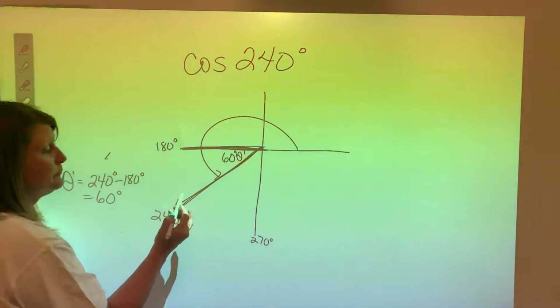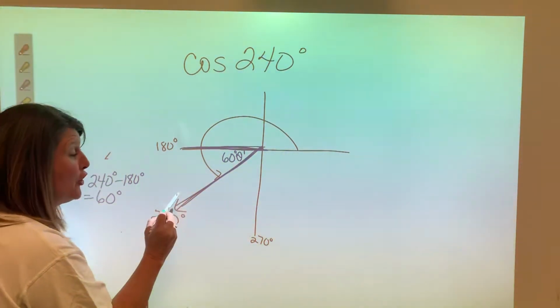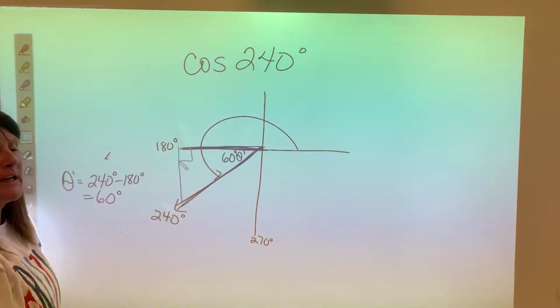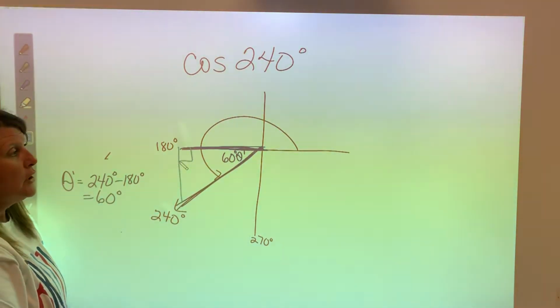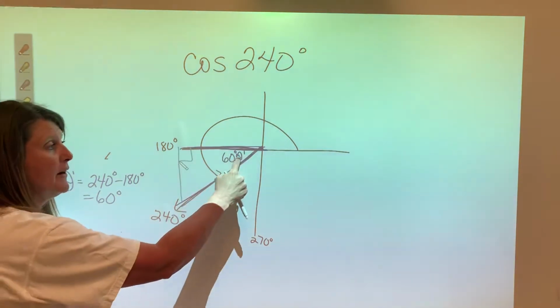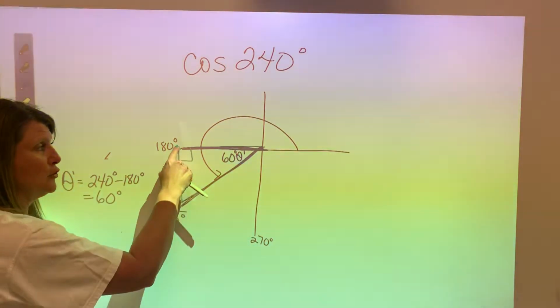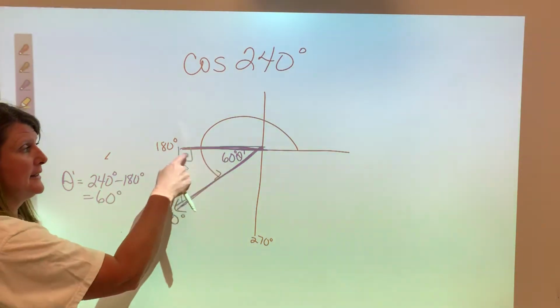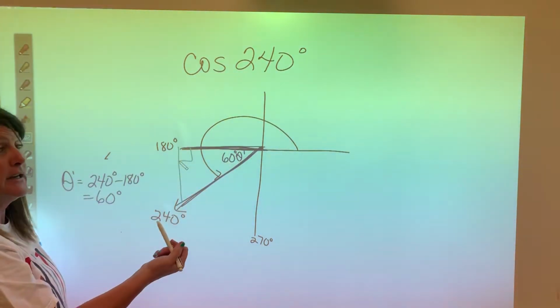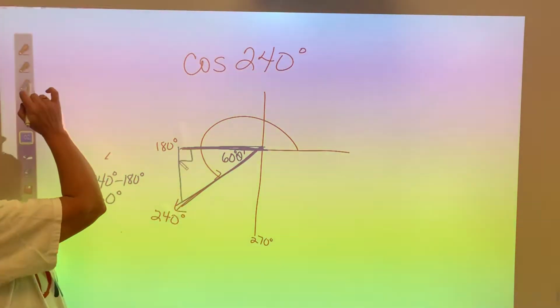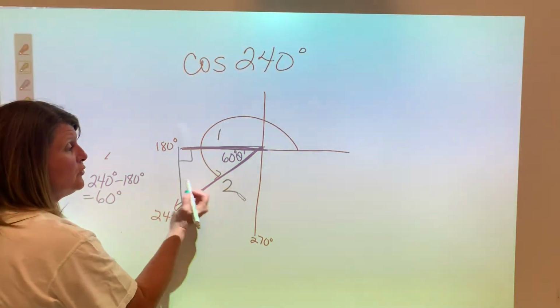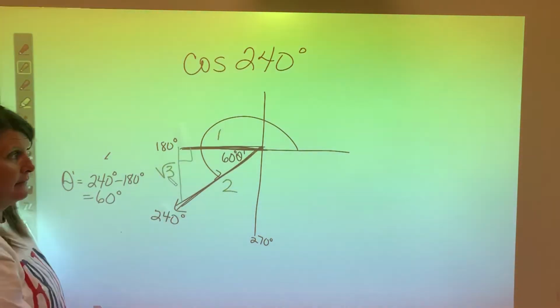If you do this thing called drop a perpendicular, it creates a right angle for you. So you have created a little reference angle with a cute little reference triangle, and it just so happens to be a 30, 60, 90-degree triangle, which again, you know the lengths for that. It is going to be 1, 2, and the square root of 3, okay?